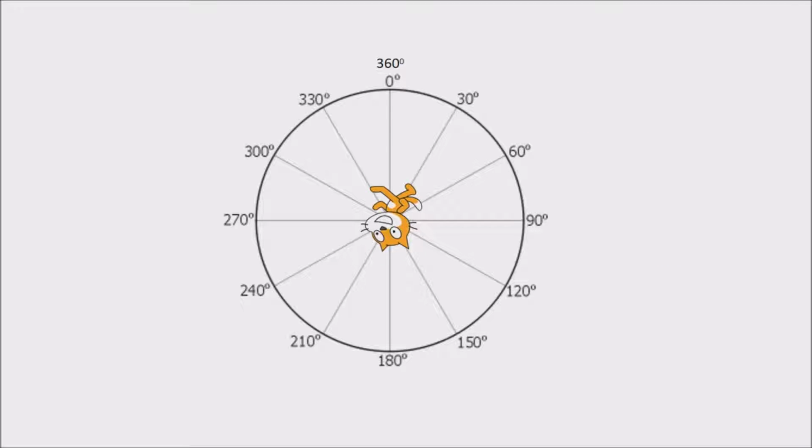So he went from his head being here, and now his head is down here. And that's because we turned him 180 degrees. Now let's go to the Scratch website and start using the XY plane and the degrees to get our sprites moving.